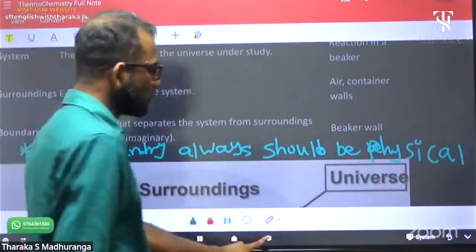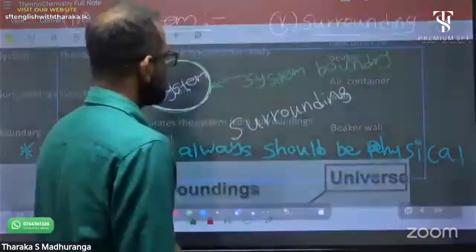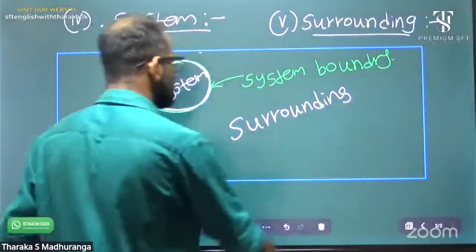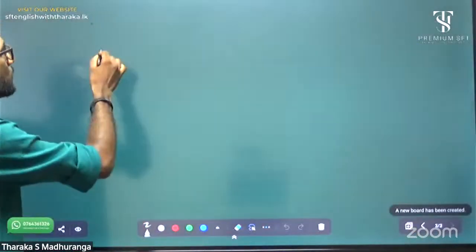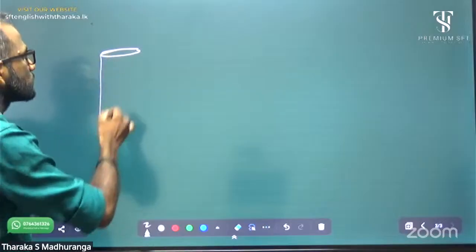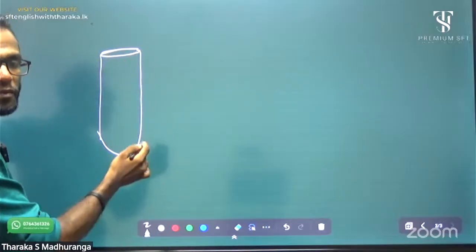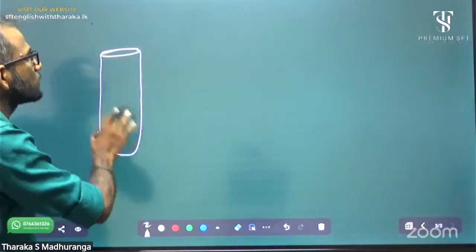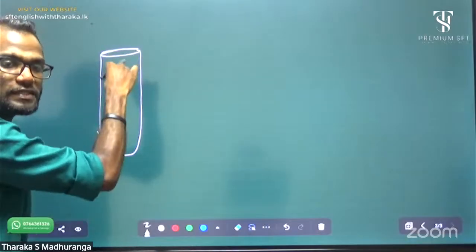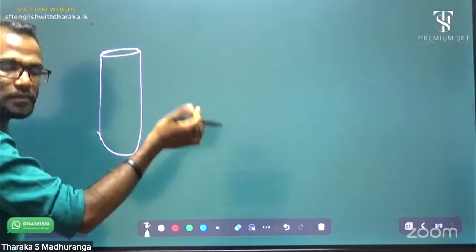For example, if you take a test tube, the internal test tube area is the system, the selected area for a particular study.